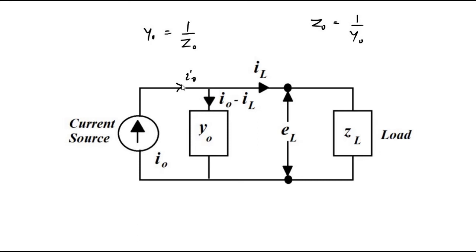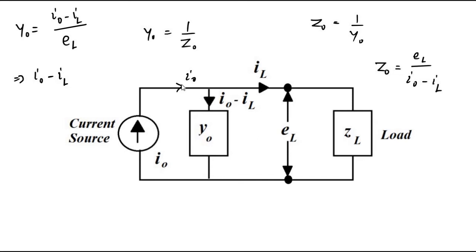So we can write Z0 is equal to EL by I0 minus IL, or we can write output admittance as I0 minus IL by EL. That implies I0 minus IL is equal to Y0 EL.